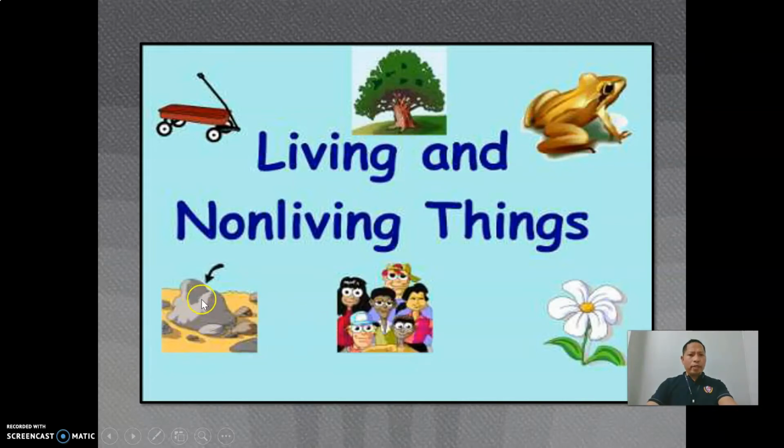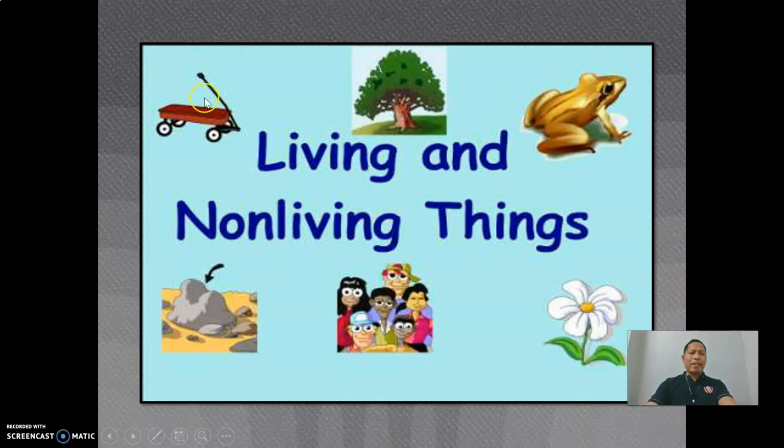And how about this? A stone. What do you think? Is it a living thing or non-living thing? If you say non-living thing, you are correct. Well done.